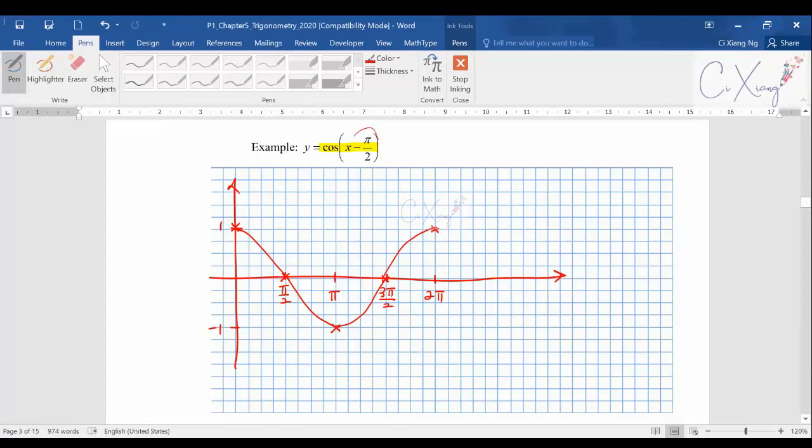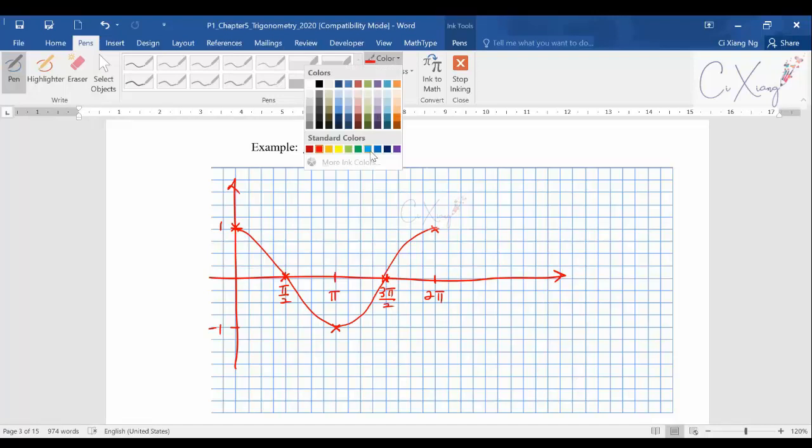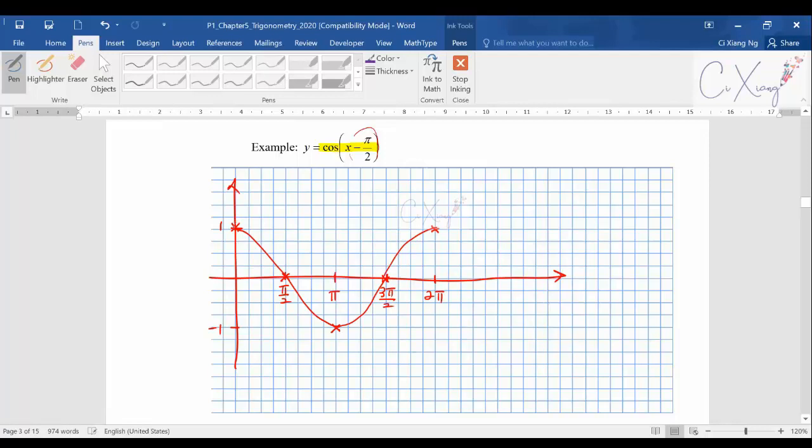Minus pi over 2 inside the basic function means that you have to translate pi over 2 units to the right hand side. What does that mean? As an example, the original x is 0, and you want to translate pi over 2 units. In the ratio here, pi over 2 units means 4 boxes. So I need to translate each point 4 boxes to the right.